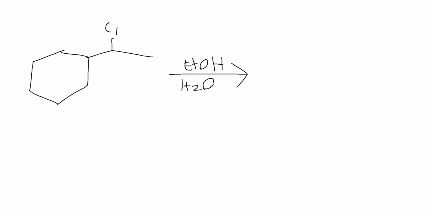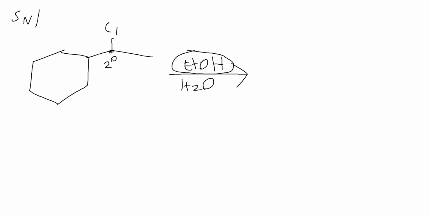What kind of mechanism is this going to do? SN1, yes. And that is because we have a secondary position, so it could go either way. What kind of nucleophile is this, strong or weak?